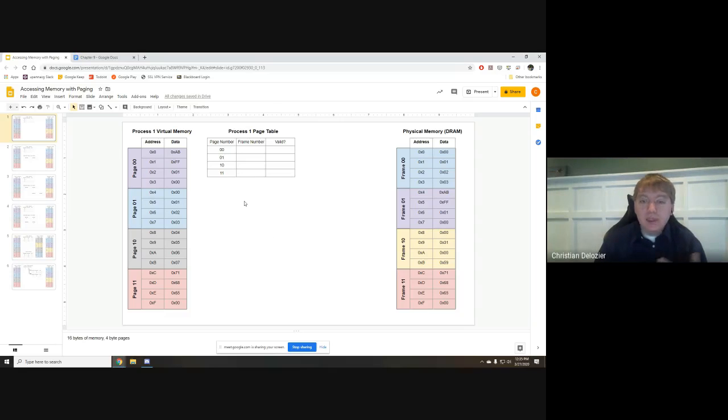So the mapping that we have here is that page 0 is actually mapped to frame 1. The addresses are slightly different because we are looking at a different frame number, and the data is the same because we are mapping this entire page, page 0, to frame 1.